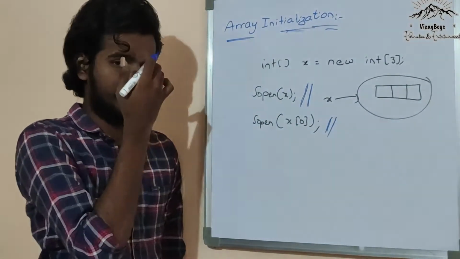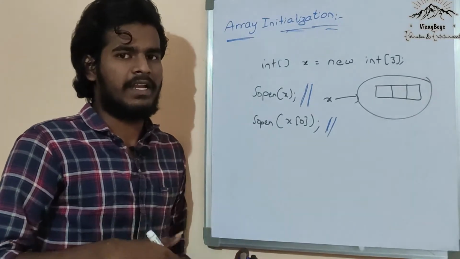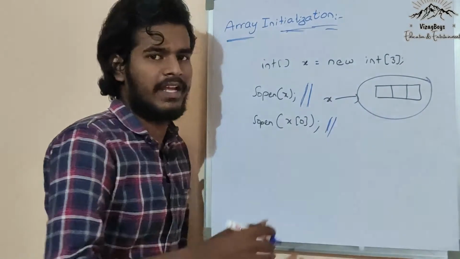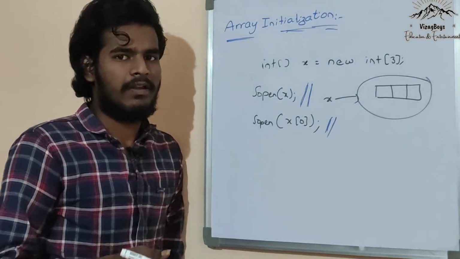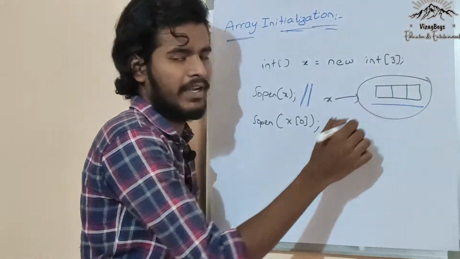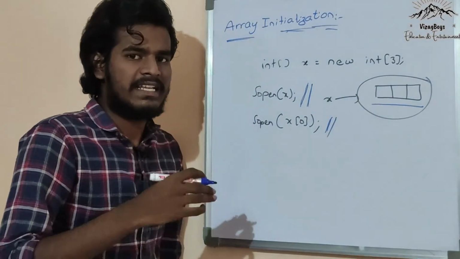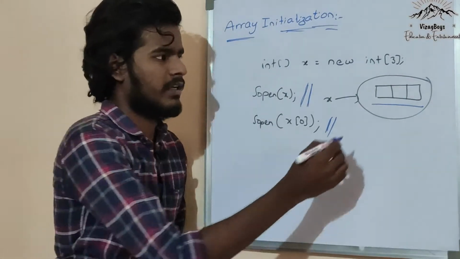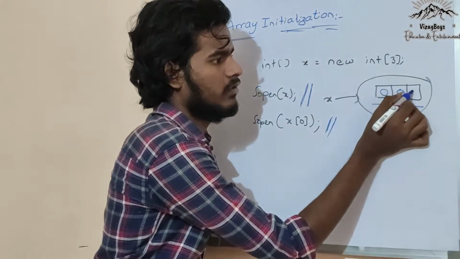Once we create an array, by default every element in the array is initialized with default values. The default values are nothing but 0 0 0.